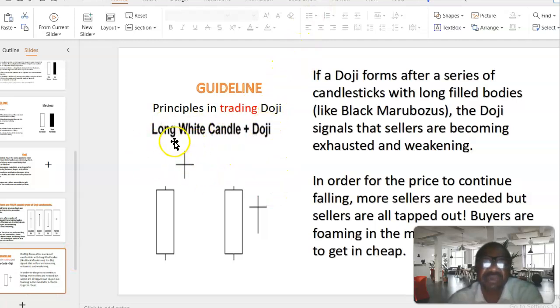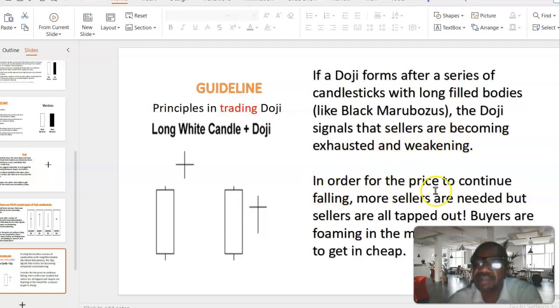Now, the guideline: the principle for trading a doji candle. If you see a doji at this point, what do you do? If a doji forms after a series of candlesticks with long filled bodies, like a black Marubozu, the doji signals that sellers are becoming exhausted and weakening.